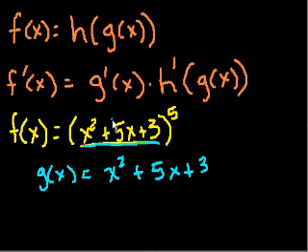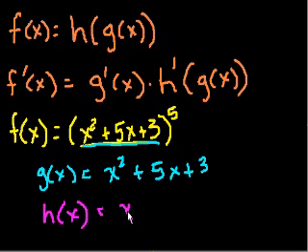And what is h? Well, h of g of x is this whole thing. So what would h of x be? Well, h of x is just h of x. This is h of g of x, but h of x would just be x to the 5th, right? Because this expression is you took this entire g of x and you put it in for x right here.